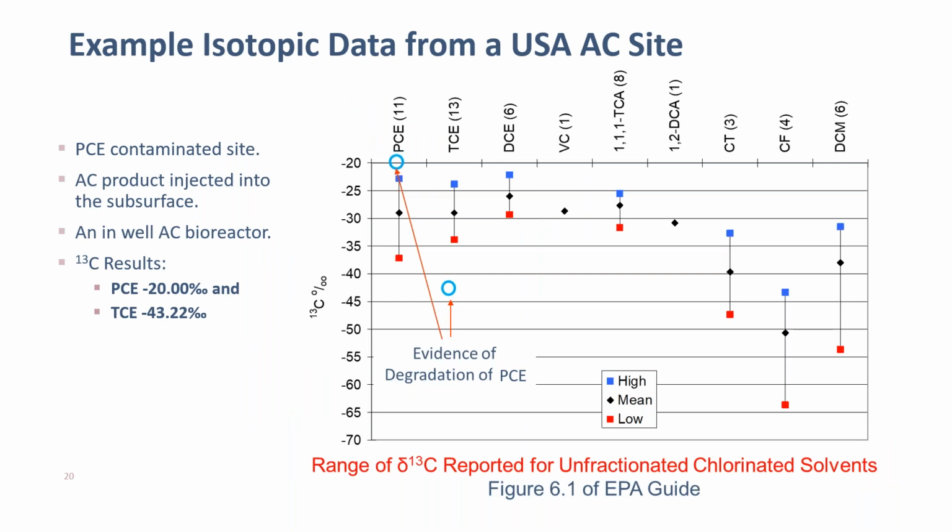So this slide shows some example carbon-13 PCE degradation data from a site where activated carbon was injected into the subsurface, and there was also an activated carbon in-well bioreactor operating. The del of the PCE was minus 20 per mil, and the del of the TCE was minus 43.22 per mil.